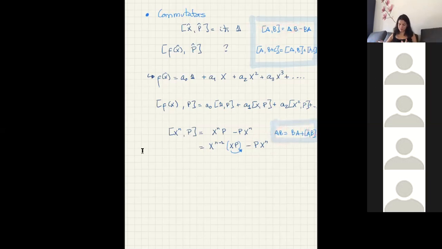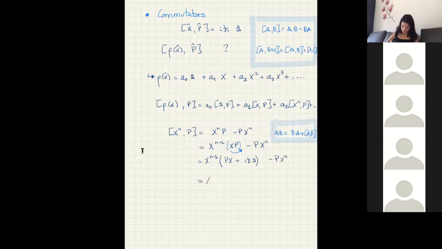So then we move the xp to one side, so we get x to the n minus 1, and then what we get here is px plus i h bar, the identity, right? Minus p x to the n.